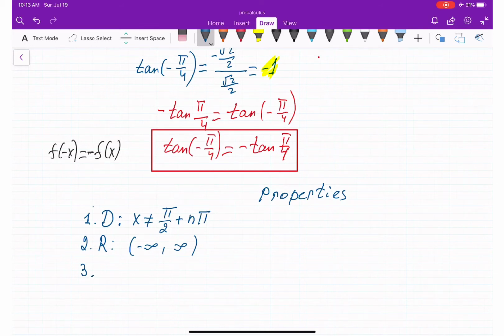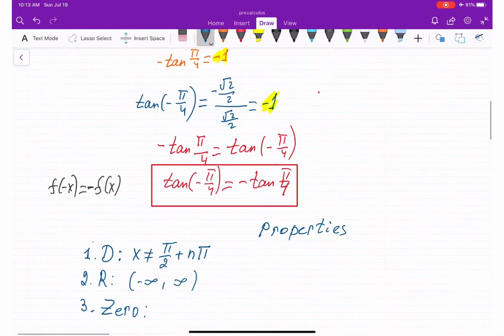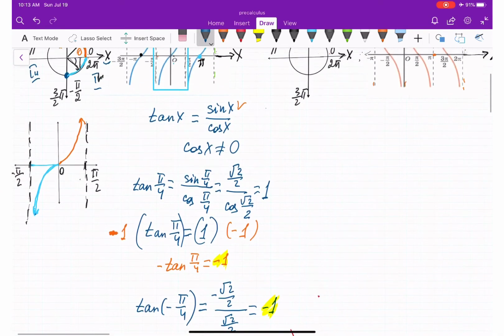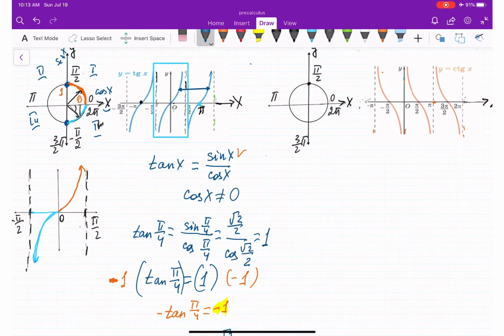Okay, domain, range. Now let's look at zeros, when we get tangent 0. Tangent is going to be equal 0 when sine is going to be 0, right? Because sine has to be 0, so tangent will become 0. So at what point will sine be 0?